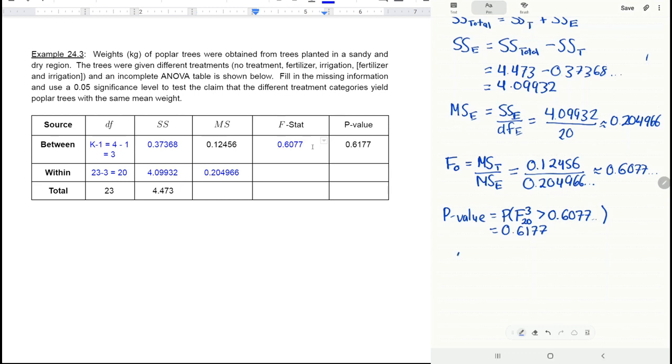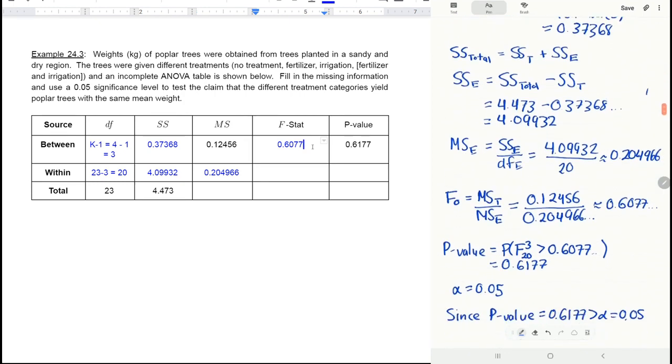So now we're testing at a 5% significance level, and our p-value is larger than alpha. Because our p-value is larger than alpha, we will fail to reject the null hypothesis.